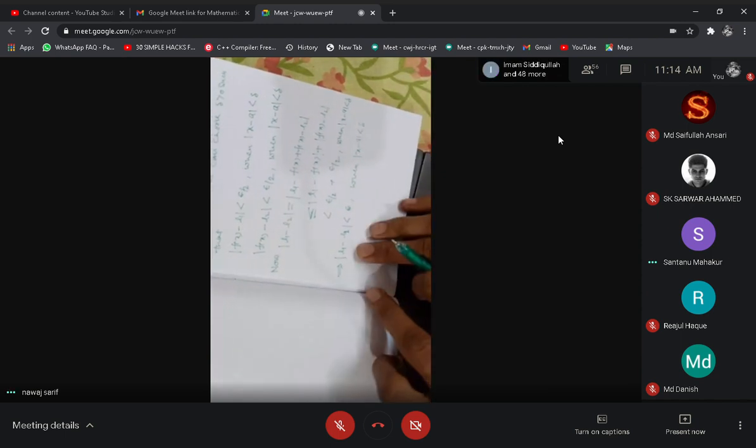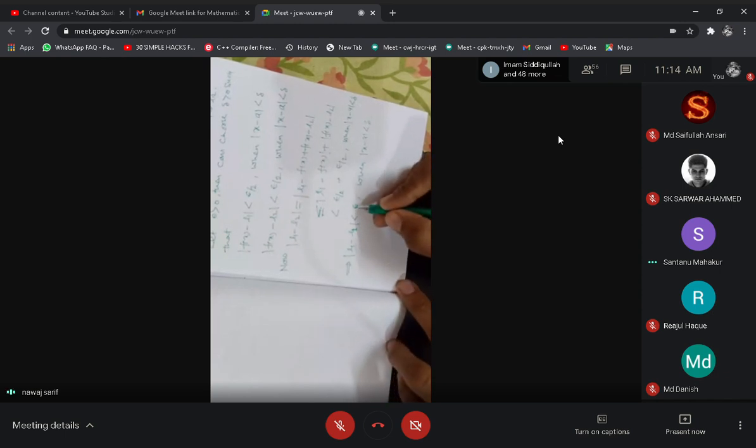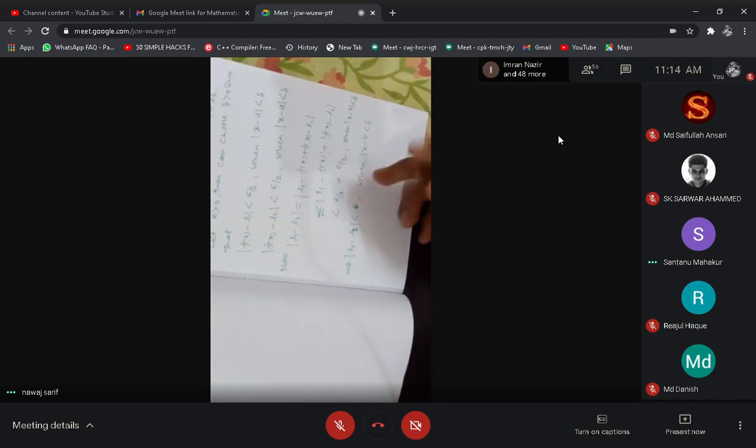So since we have assumed that epsilon is a very small number and the difference between L1 and L2 is very small, as you wish. Okay, epsilon is very small. This may be near about 0.